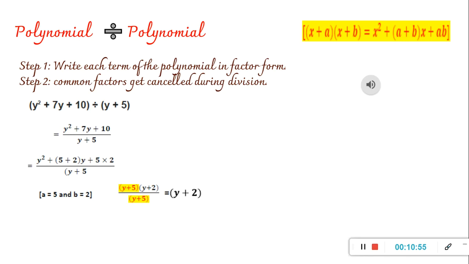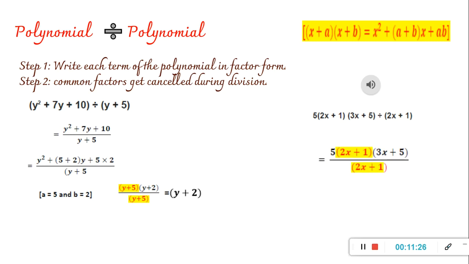Okay. Now let's do the next polynomial divided by another polynomial. So here is 5 into 2x plus 1 into 3x plus 5, divided by 2x plus 1. So do you think we can cancel 2x plus 1 in numerator and denominator? Here you can see that in the numerator also 2x plus 1 is there. In the denominator also we have 2x plus 1. Directly can you cancel this?